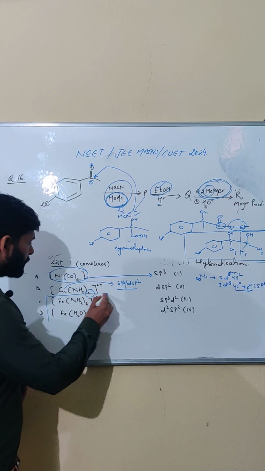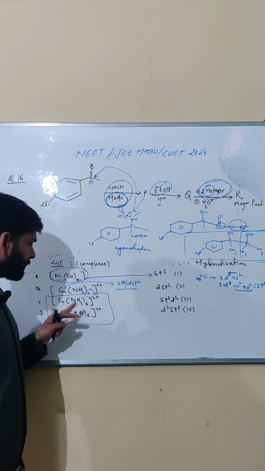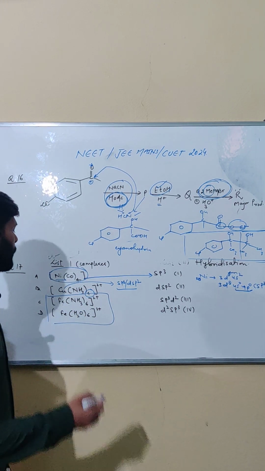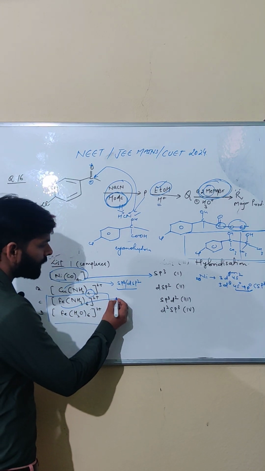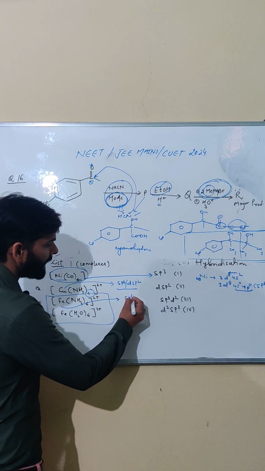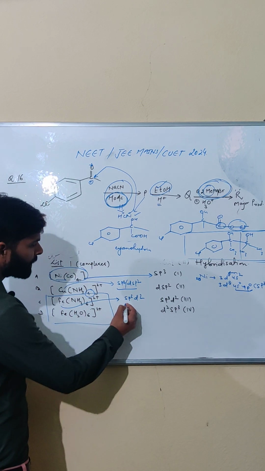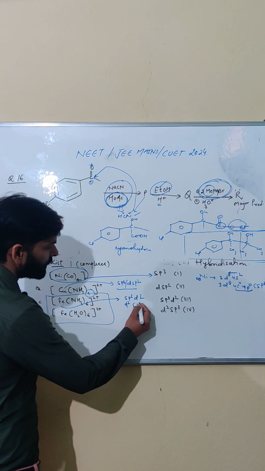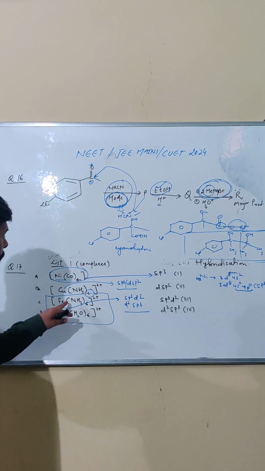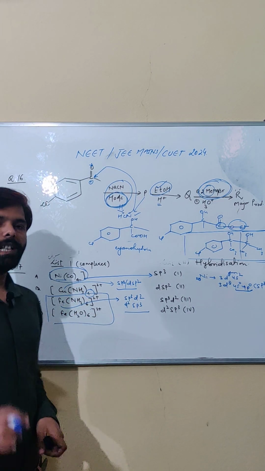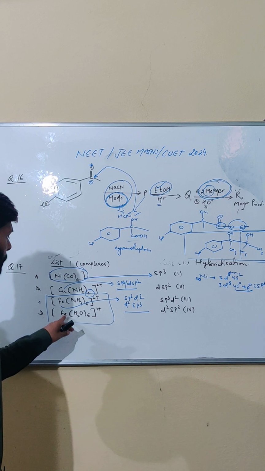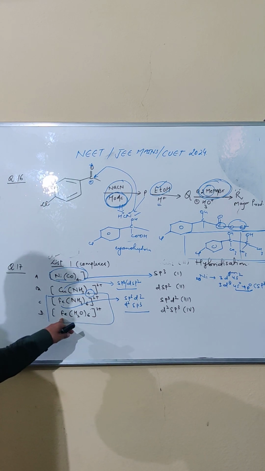Now these two questions, both are octahedral complexes, and we know that central atom of octahedral complexes are either sp3d2 or d2sp3. So in the C option with iron we are having ammonia as a ligand, and in this D option we are having water as a ligand with iron.